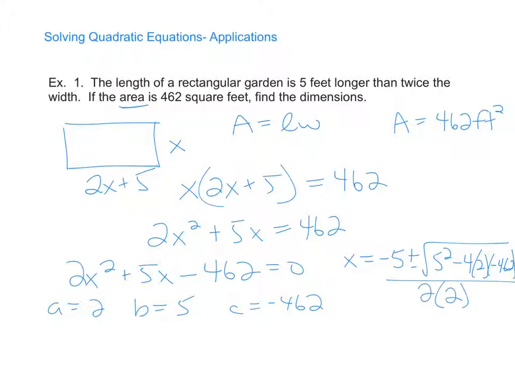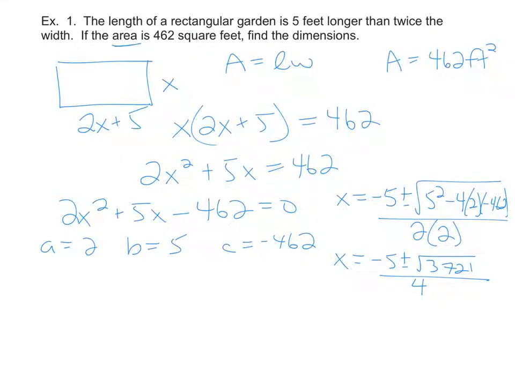2 times 2. And if I do some simplifying here, I get negative 5 plus or minus the square root, I'm going to do some of the simplifying all together, of 3,721 all over 4. Since this is an application problem, I really want an approximate answer to this problem, not an exact answer.